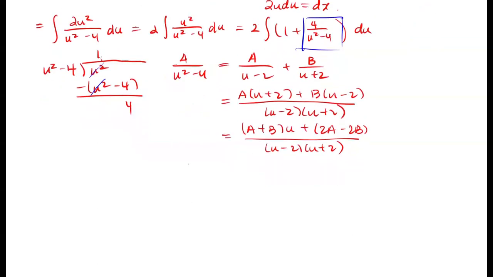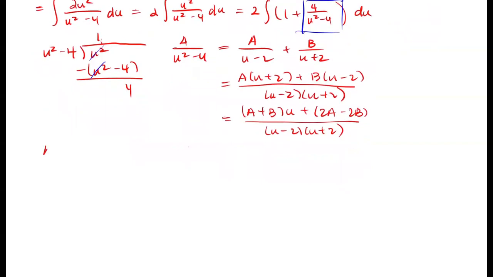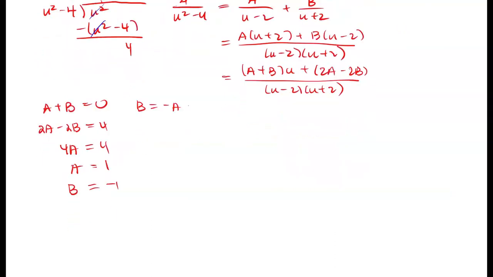So now I'm going to compare the coefficients. Here we have a plus b is equal to 0, and 2a minus 2b is equal to 4. So if b is equal to minus a, that means 4a is equal to 4. So a is equal to 1, and that also means b is equal to negative 1.